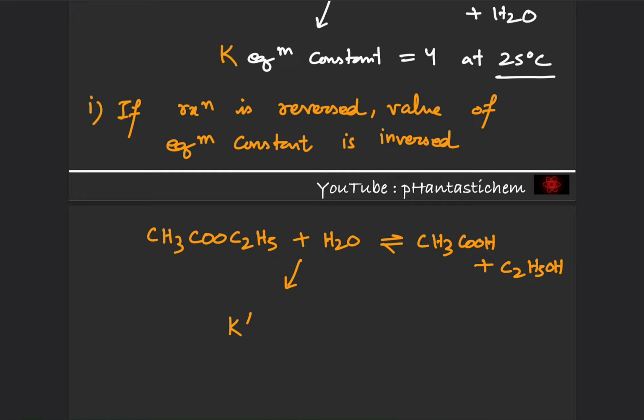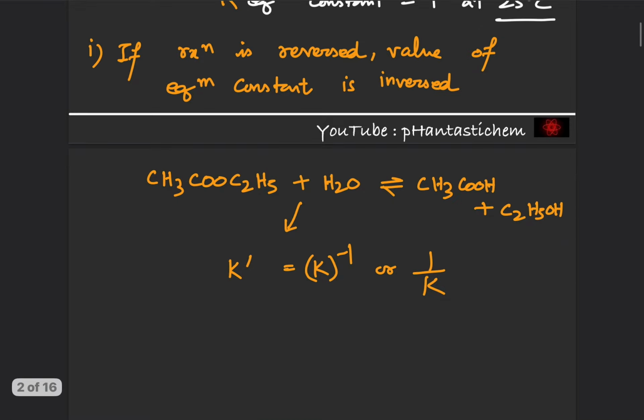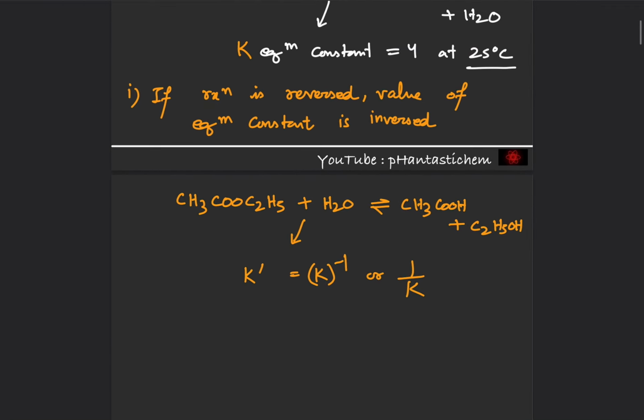You can see here the value of equilibrium constant is inverse. If it was K, now it will become K to the power minus 1 or 1 by K. So the equilibrium constant of this reversed reaction will be 1 by 4 at 25 degrees Celsius. Very important first characteristic.